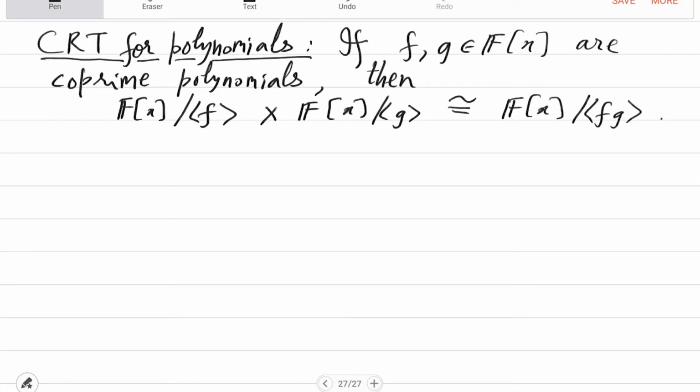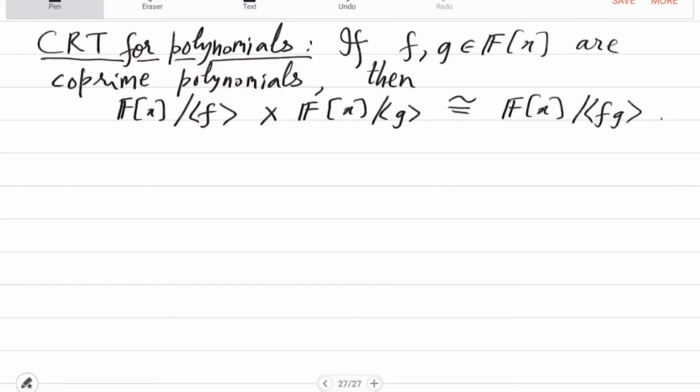Is that clear? So like numbers, polynomials have a similar Chinese remaindering theorem, which is that as long as they are co-prime, mod fg arithmetic can be broken into simpler arithmetic, mod f and mod g. The proof will be identical.